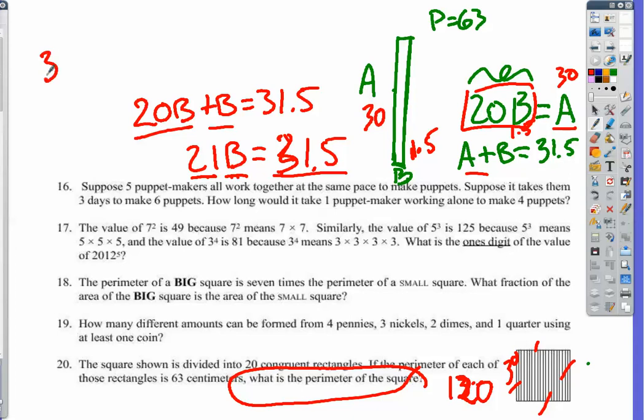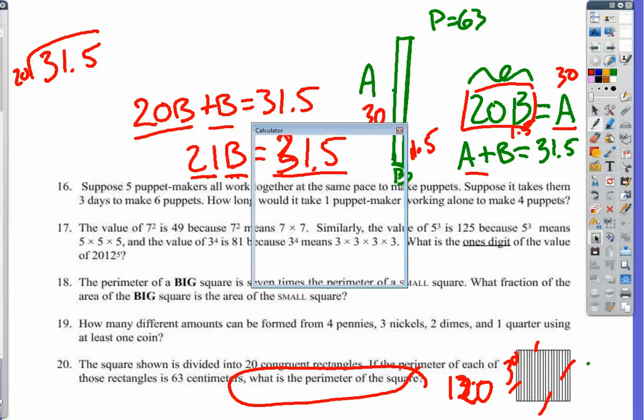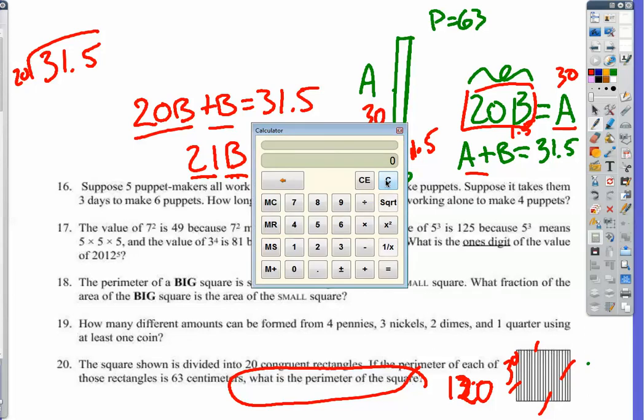So you could do this division. And I'm going to cheat here for a second. Oh, it's 21. Thank you, Campbell. It's always nice to have someone to work with to check your work. So 31.5 divided by 21 is 1.5. So that means this b is 1.5, which is what we figured out in the first place.